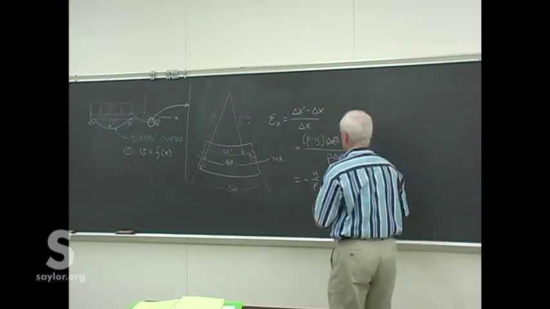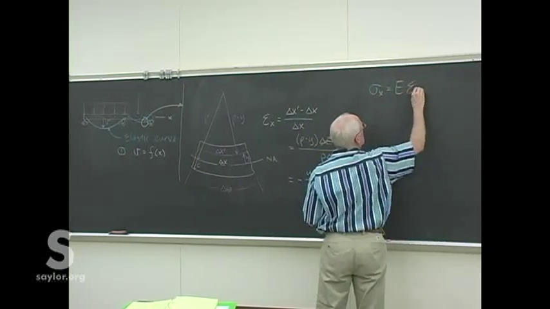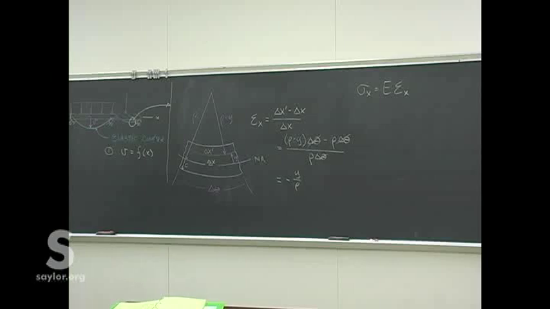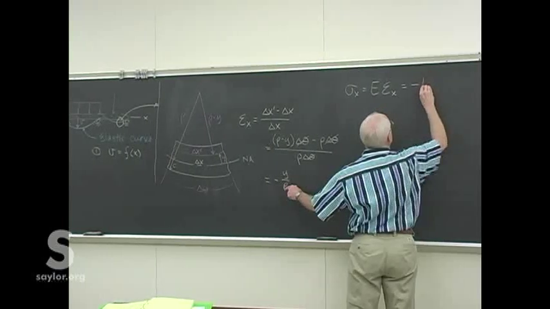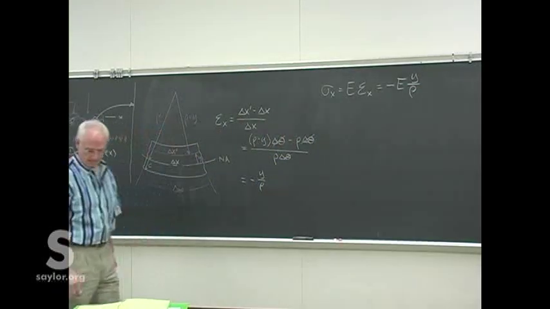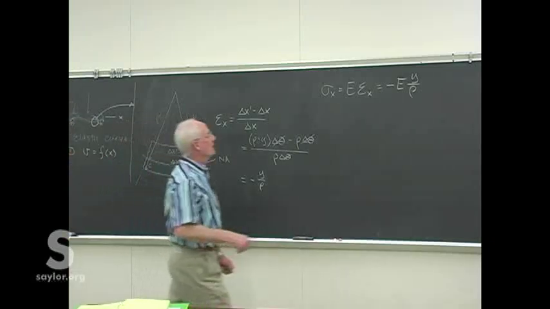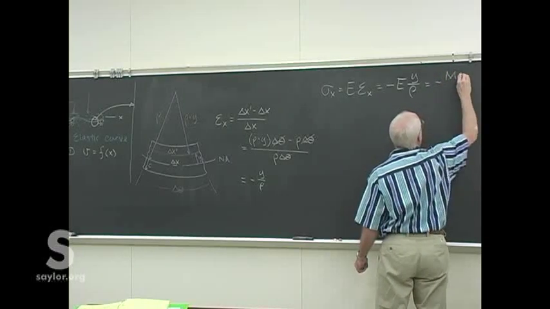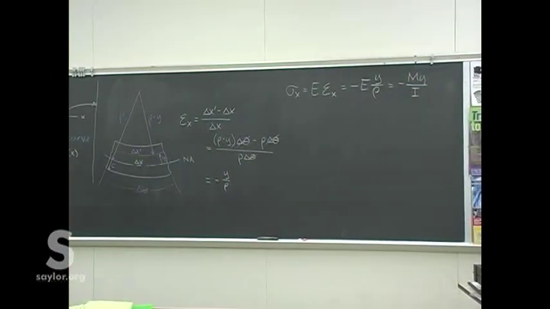All right, we can relate that strain to the normal stress with Hooke's law. Remember Hooke's law, the Young's modulus is the stress over the strain. And we've now got that strain, so this is minus E y over rho. But we also know that this normal stress is minus M y over I. The bending is caused by the load.